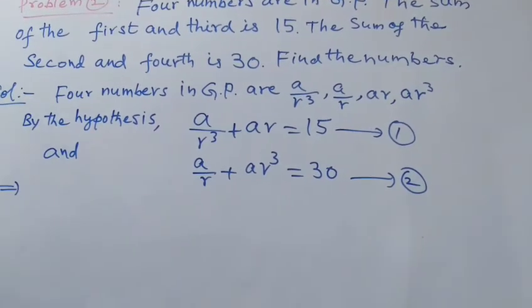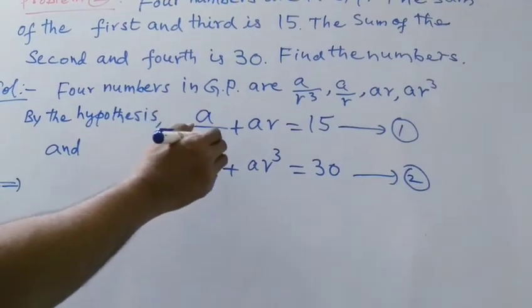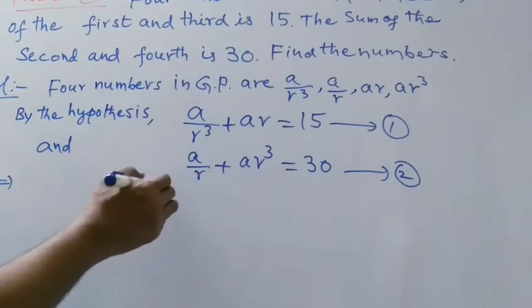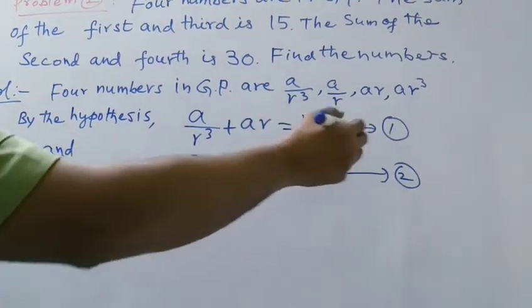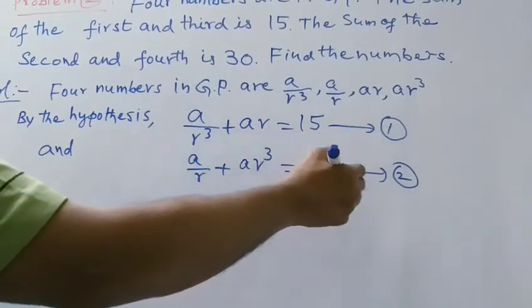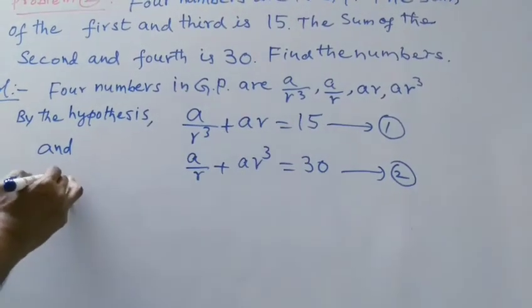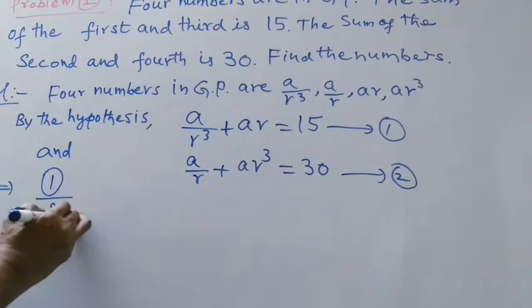Implies, divide the first relation by the second relation, that means the first one by the second one, so 1 by 2.